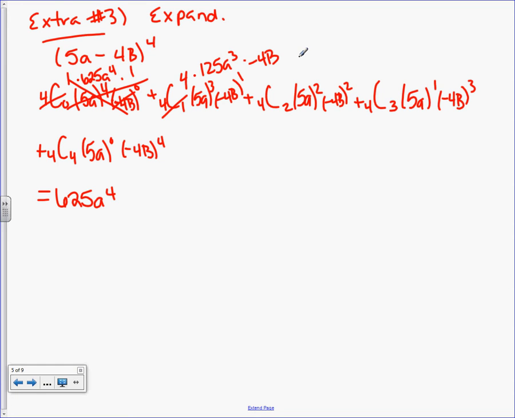Do you see that? So what's 4 times 125 times negative 4? I would punch that in. Negative 2,000 a cubed b. That one's done. Is that okay? I'm going to do one more with you. Okay, what's 4C2? You probably just need to punch that one in.